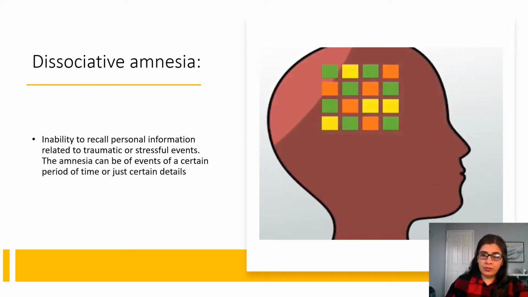There's another disorder which is called dissociative amnesia. So remember, in dissociation, patients are actually not associating themselves. Their mind and body are not associating.